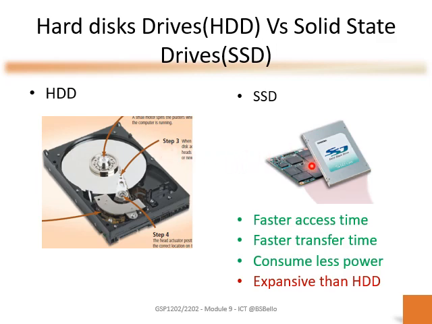Of course, the solid state drive also consumes less power, but it is more expensive than the hard drive. For example, if you want to buy a 150 gig SSD, then at nearly the same amount you can have 1 terabyte of a hard disk.